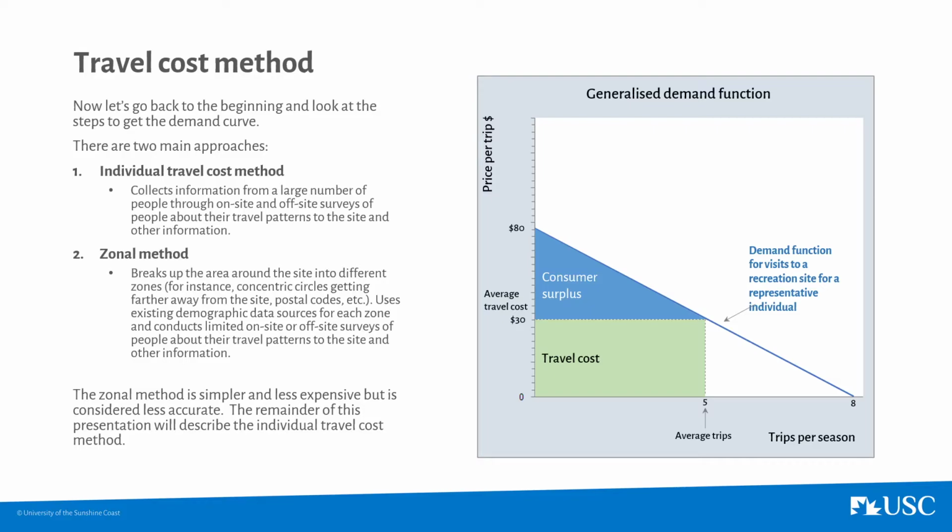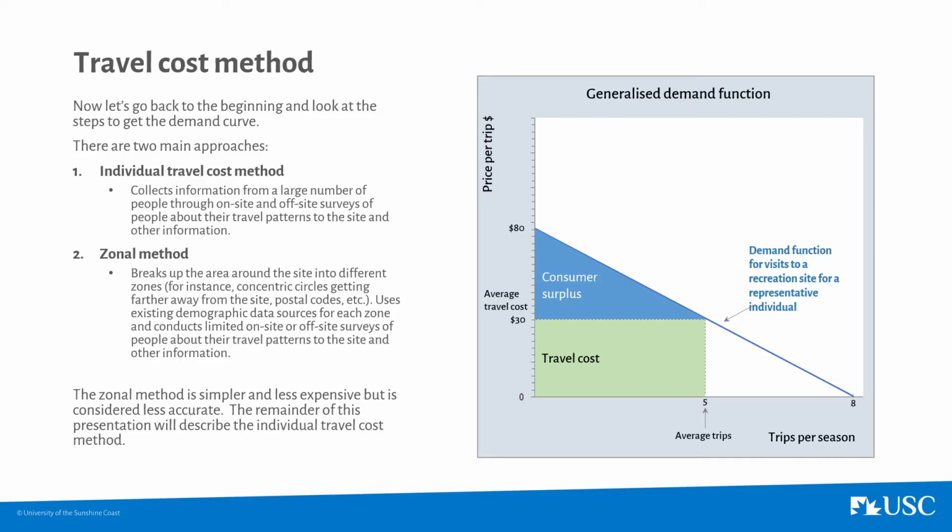So the individual travel cost method is where we would collect information on a large number of individuals, and typically that would be through surveys, both on-site and off-site. So that's a combination of being down with your survey at, for instance, Mooloolaba Beach, as well as off-site surveys, which might be by phone or by email and so on.